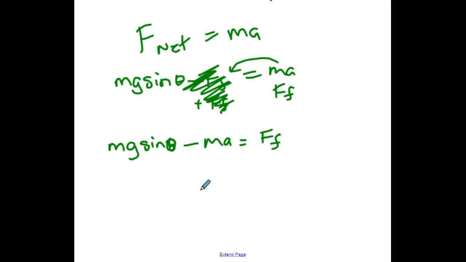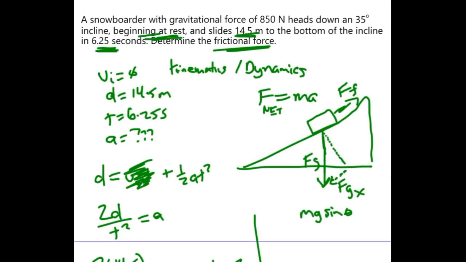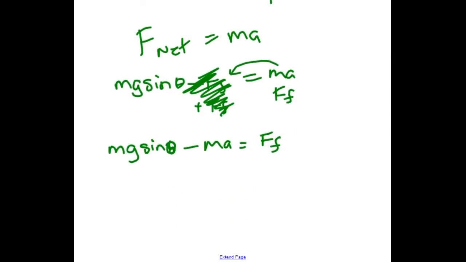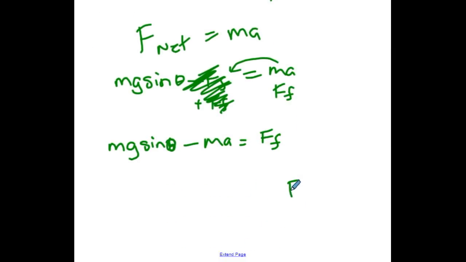But now we have all the variables we need. Let's plug them in. The mass of the snowboarder, ooh, there was a trick here. Look at this, this is sneaky. They gave us the gravitational force of the snowboarder was 850 newtons, which means if the gravitational force was 850 newtons, you know how that's equal to mg? But g is gravity, right? 9.81.